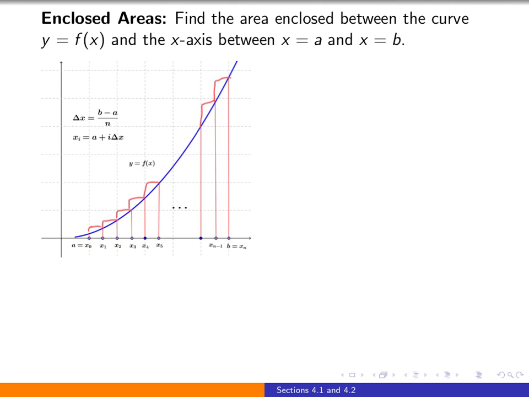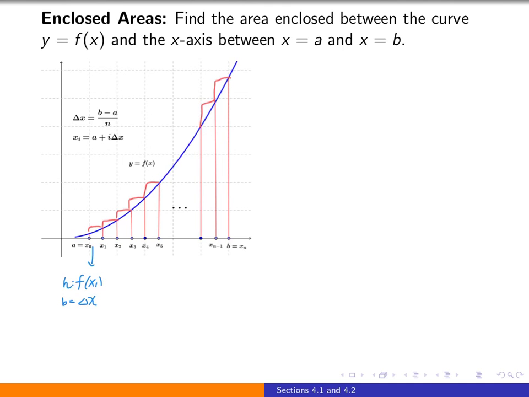To determine the height, I've just looked at the right-hand endpoint, x1, and gone up to the function there and used that as the height of the rectangle. So the height of this rectangle, I'll just say h, is f of x1, and the length of its base is delta x, because delta x was the length of each of these subintervals.